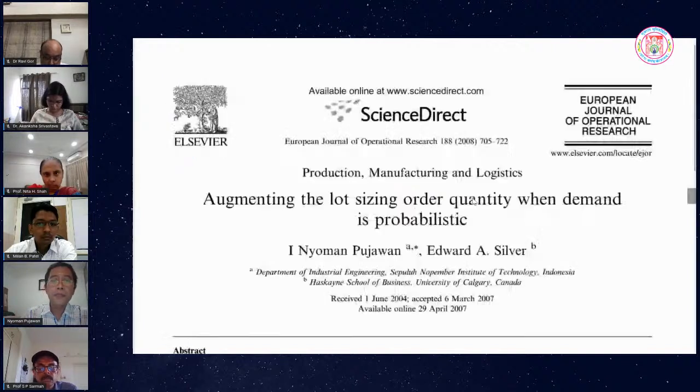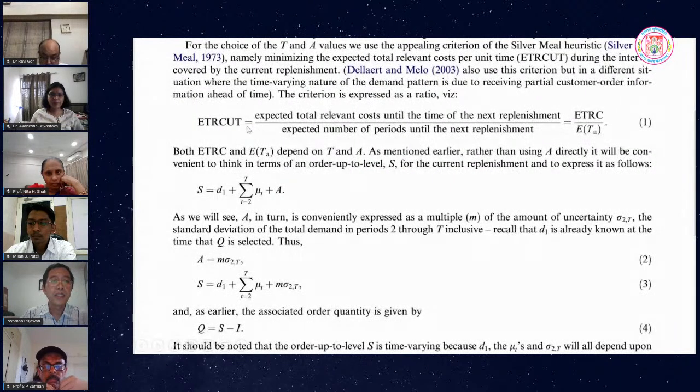So in this paper, we were trying to develop an analytical formula that provides the optimum or best augmentation quantity when your demand is probabilistic. We focus on the Silver-Meal procedure, where basically we try to minimize cost per period.